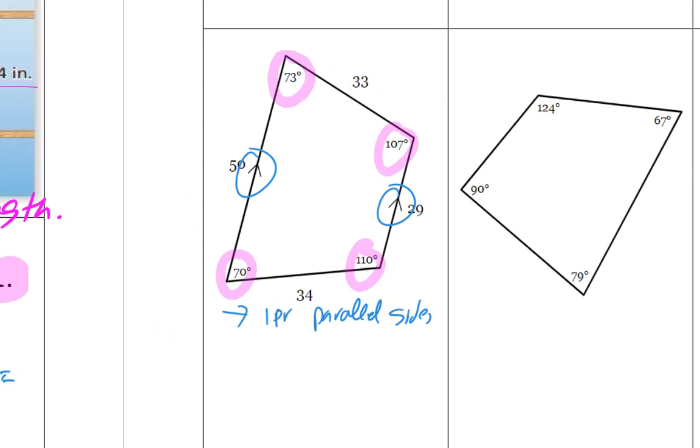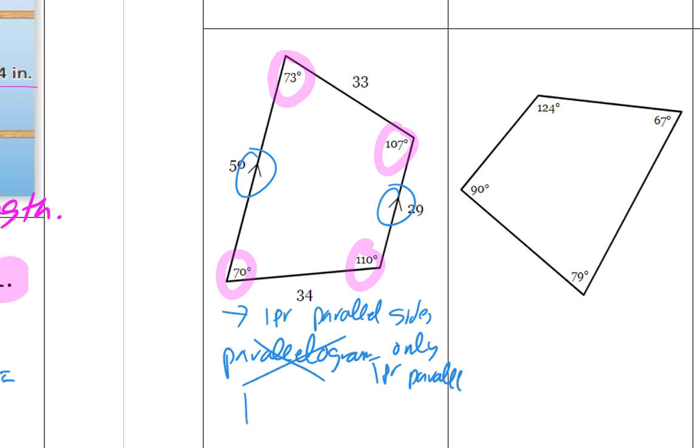So it looks like if it just has 1 pair of parallel sides, it can't be a parallelogram, right? Cannot be a parallelogram because only 1 pair of parallel sides, right? So that means it has to be a trapezoid. Okay, it has to be a trapezoid.